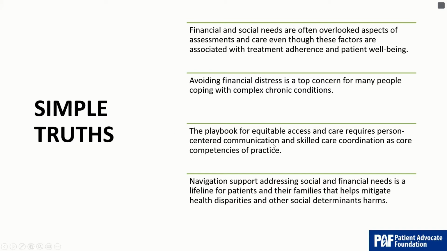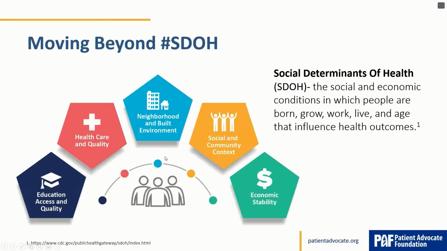And we also know that there is a need to ensure equitable access and care that starts with patient-centered, person-centered communication and skilled care coordination, right? These are core competencies, and navigation support really supports this person-centered care and person-centered communication by helping providers address some of these social and financial needs. So these are things we know and PAF and NPAF have been working on for a long time.